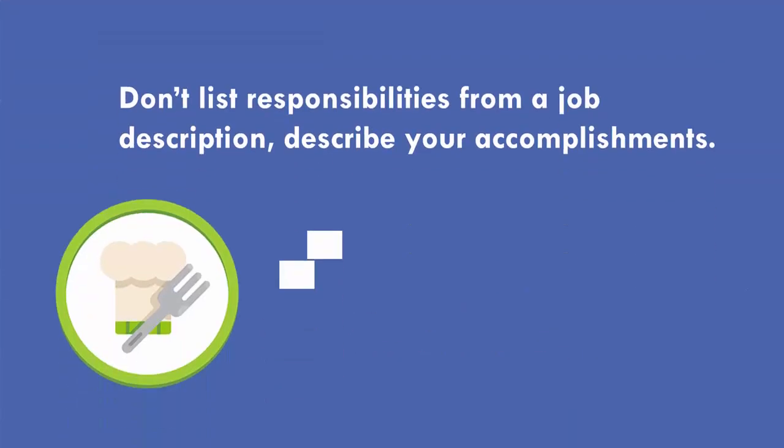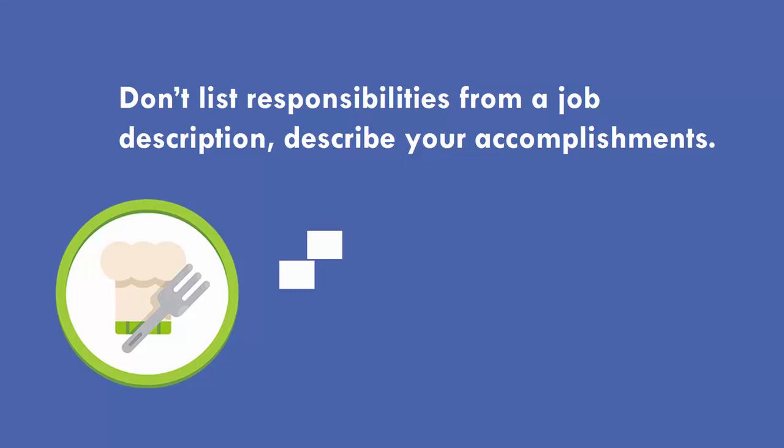Another tip, don't just list the tasks you did, but describe your accomplishments. This positions you as a strong candidate and highlights your transferable skills. Think about how seemingly unrelated experiences can demonstrate skills that are relevant for the role you're applying for. For example, maybe you're applying for an office position, but most of your experience is in food service.